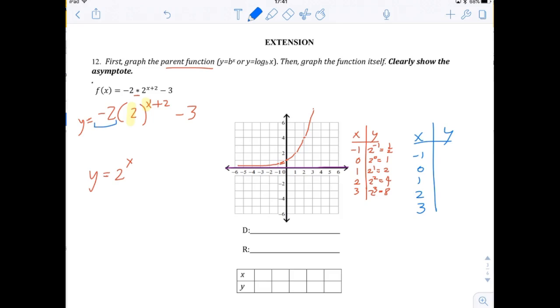So first of all, we have 3 transformations here. The first transformation that we should look at is the vertical stretch. The vertical stretch happens to be a negative stretch, which means not only are we going to stretch this in the opposite direction, we're going to stretch it by a factor of 2 upside down.